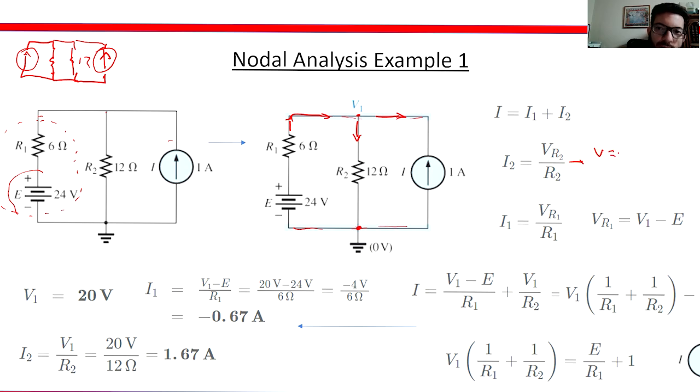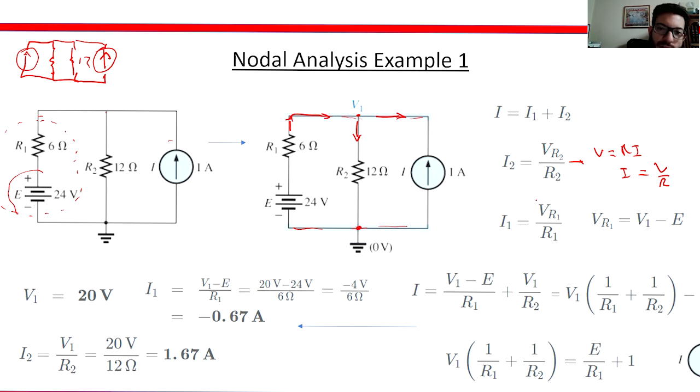Because V equals R times I, so I equals voltage divided by resistance. Voltage is this voltage drop, VR2, and the resistance is R2. So we already know how to find I2, except we don't have the voltage. We only have the resistance. So we don't have information to solve for current 2 yet.